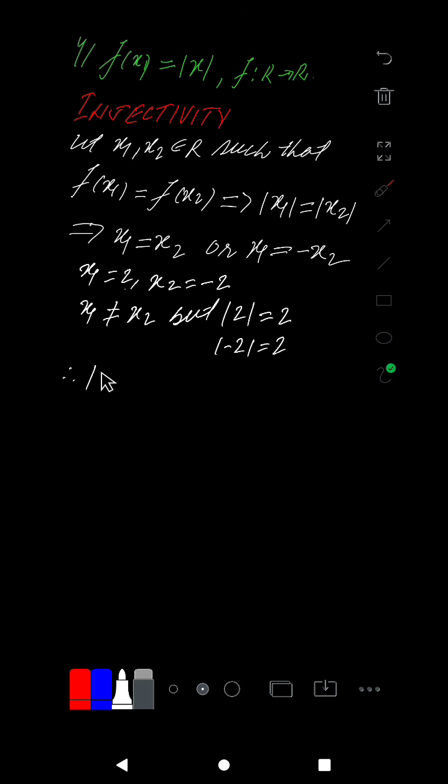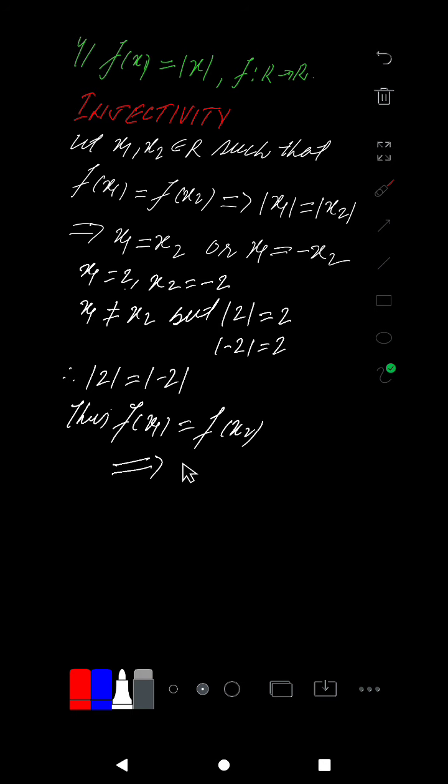So modulus 2 is equal to modulus minus 2. Thus, we may say that f(x1) is equal to f(x2) implies that either x1 is equal to x2 or x1 is equal to minus x2. Thus, f is not a one-one function.